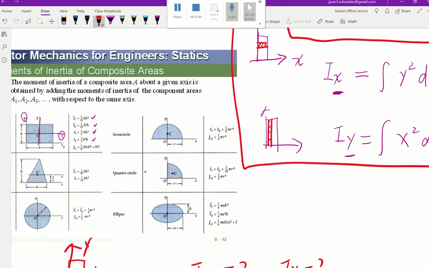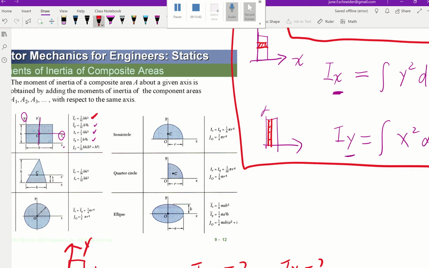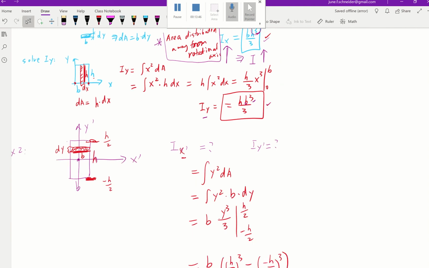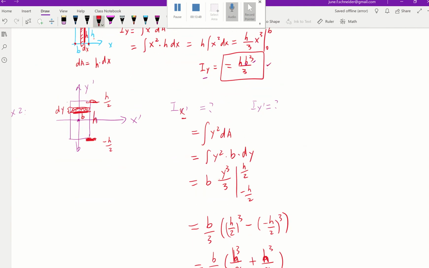How do they come up with that value? Agree? So hopefully you can go ahead and do the same thing. You can go ahead and solve Iy prime, and you will figure out the same thing. In that situation, I will draw this. If this is your rectangle, this is the x prime and the y prime. And for Iy prime, you're going to draw a strip that's vertical, right?